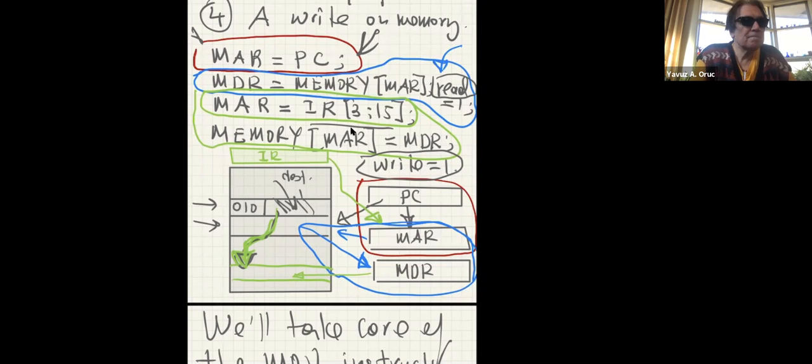That's the number of bits, basically. 2 to the 32, how many bytes is that? 4 gigabytes, isn't it?